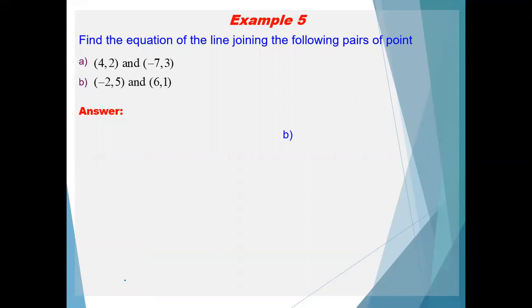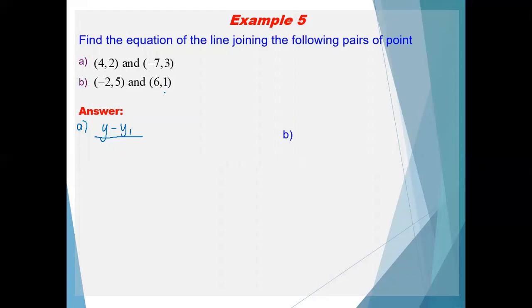Again, find the equation of the line of the following points. Given (4, 2) and (-7, 3). Okay, this one kita tak tahu gradient, so you have to find the gradient lah. Kita pakai gradient form, sebab kita tak tahu x-intercept, kita tak tahu y-intercept.